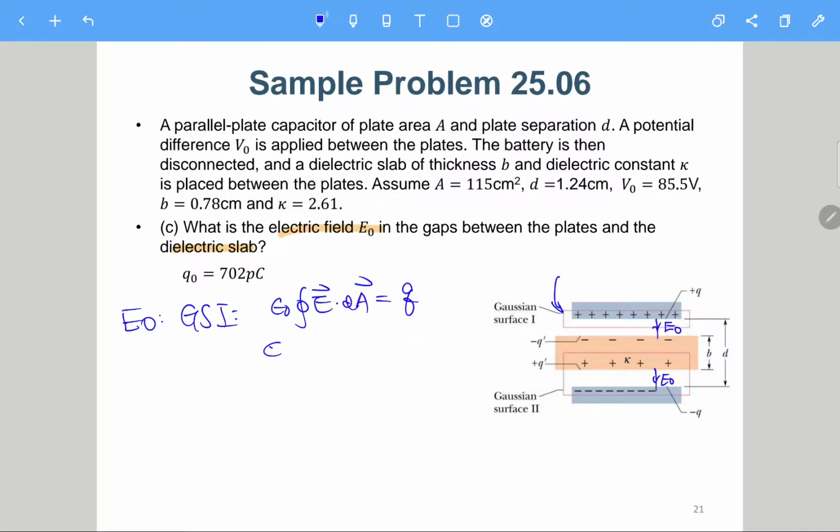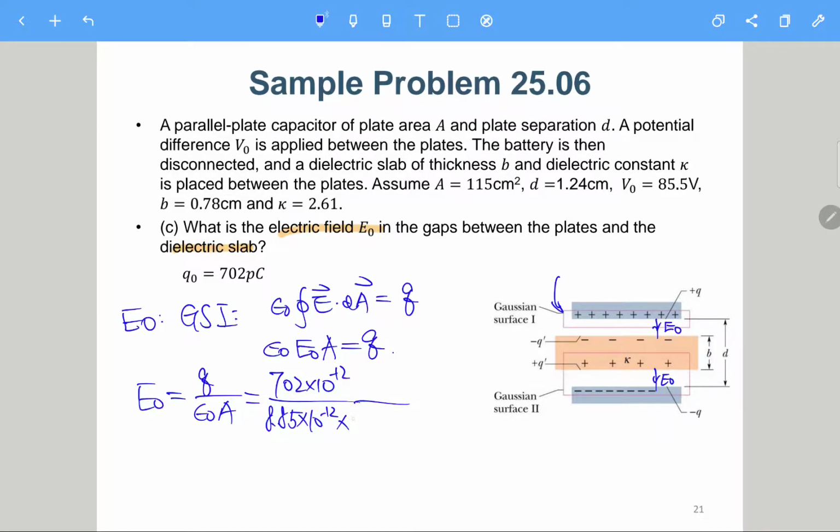So we have epsilon naught E0 A equals Q. So it is nothing but E0 equals Q0 over epsilon naught A. So Q is 7.02 times 10 to minus 10, and then 8.85 times 10 to minus 12, and then A is 0.0115.